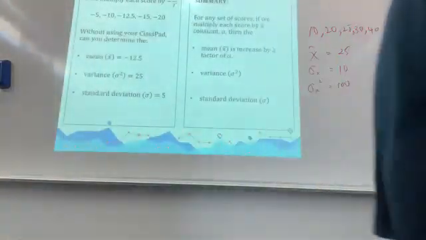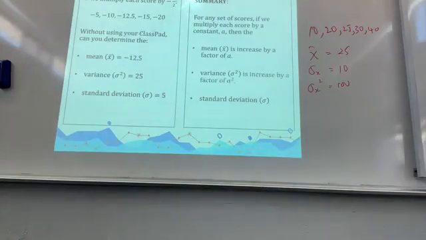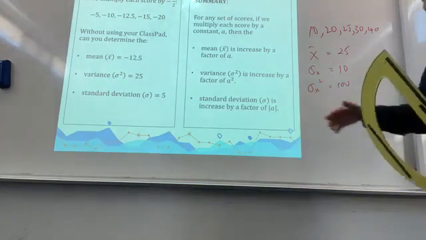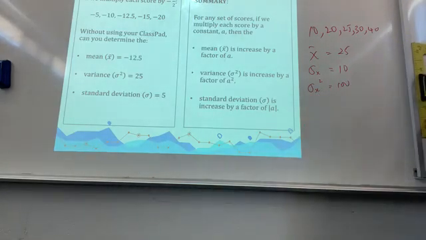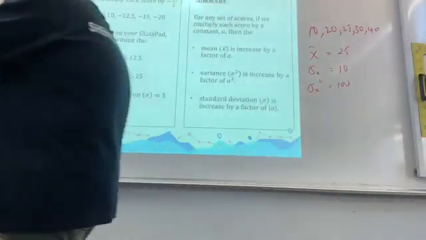The variance, you've got to increase it by A squared. And then the standard deviation, you increase by a factor of the absolute value of A. Variance times A squared. So that sign here, you've learned it, that's the absolute value of A.